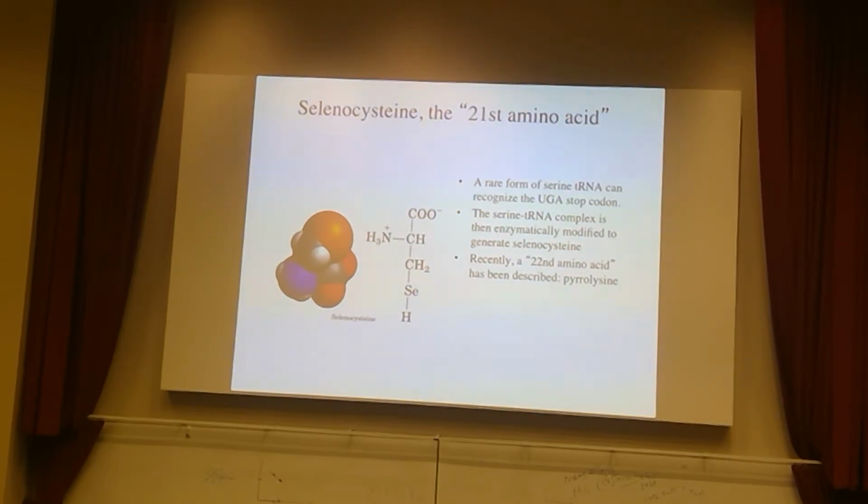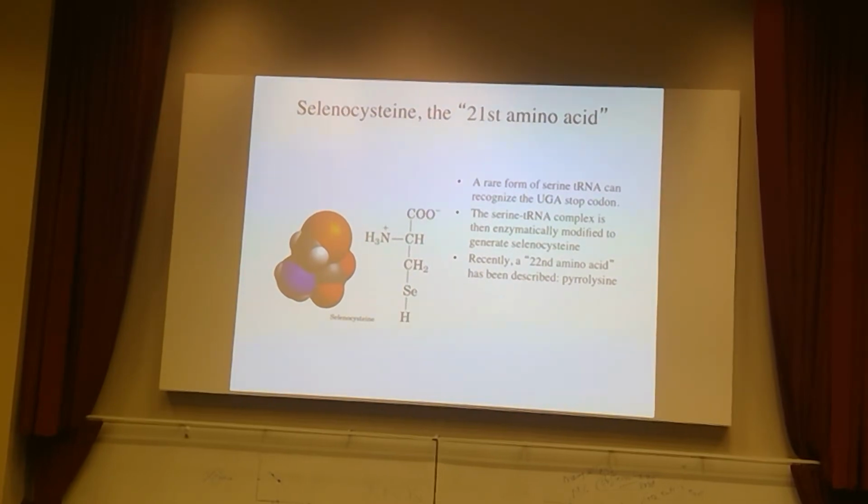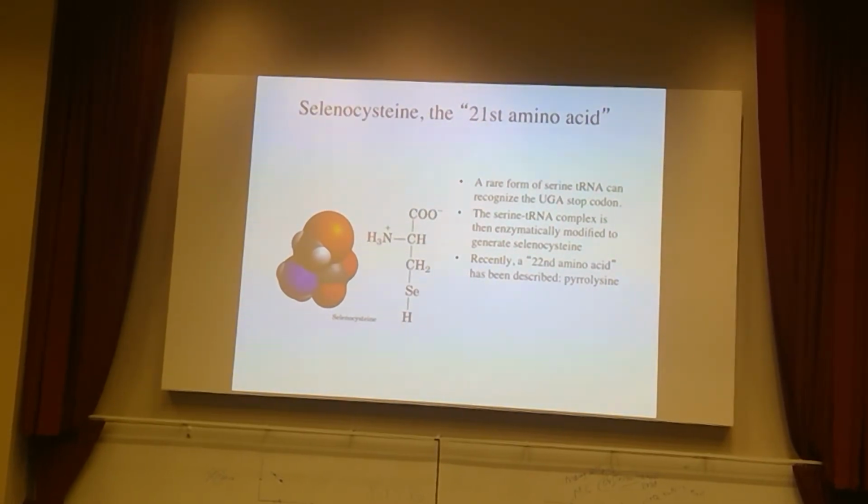And I should also mention that there's a 22nd amino acid that's also been described within the past 10 or 15 years, this pyrrolysine. So that's a really unusual structure. You'll almost never see this come up, but again, these are exceptions that prove the rule.